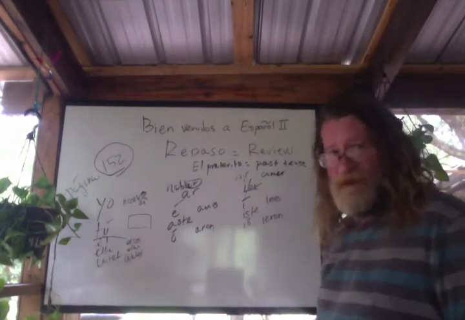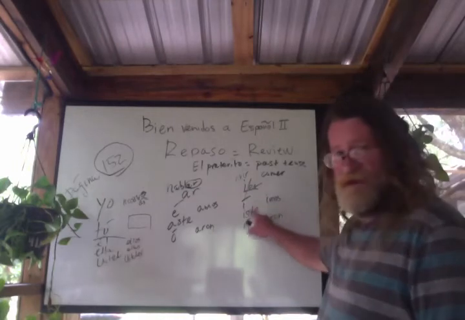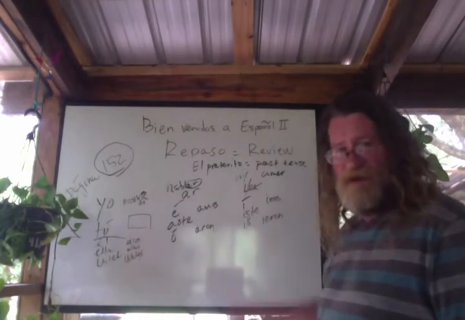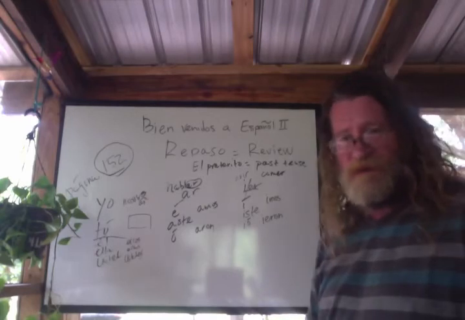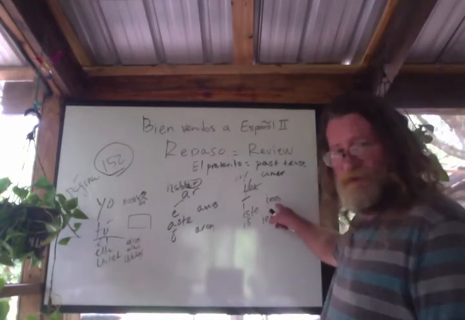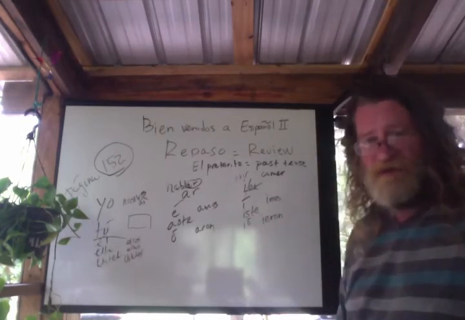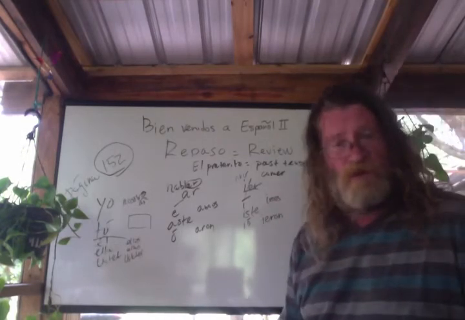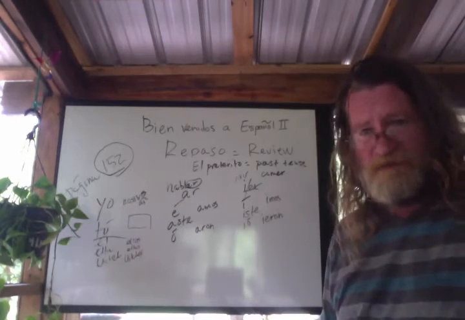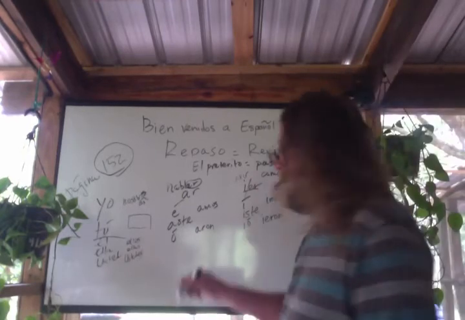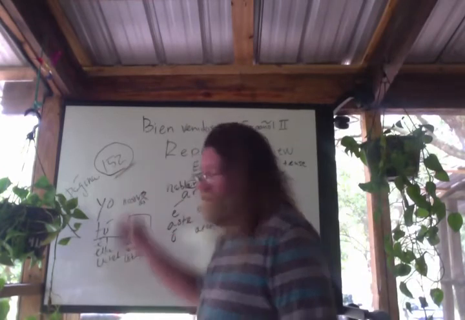Or if we did vivir, it would be yo viví, tú viviste, él vivió, ella vivió, usted vivió. Nosotros vivimos, nosotras vivimos, ellos vivieron, ellas vivieron, ustedes vivieron. And once again, you can find that on page 152.